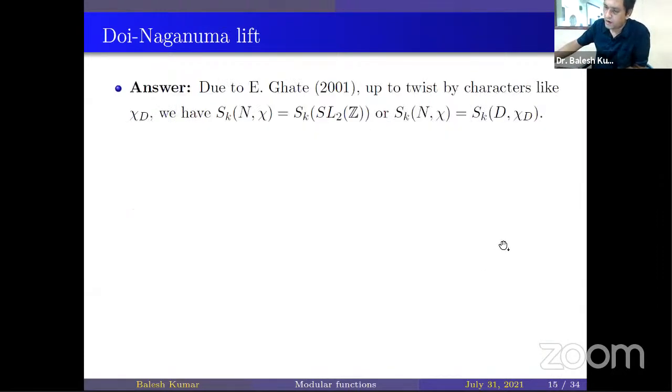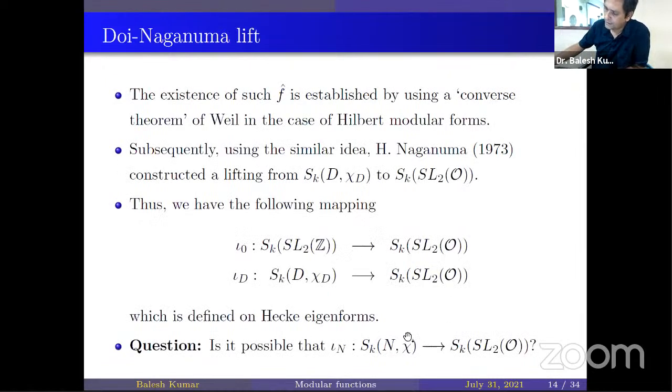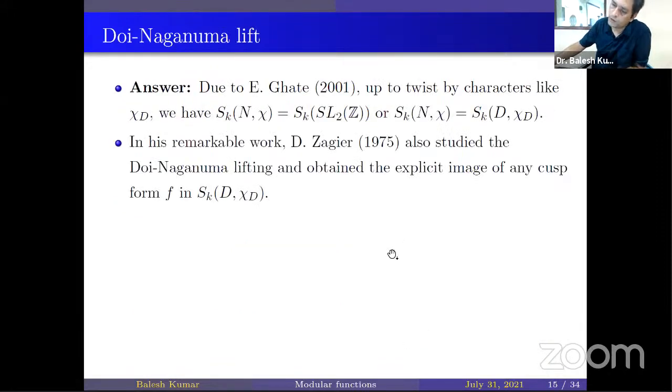This is a nice result of Ghate, which essentially says that up to twist by characters like this chi_D, we can only have S_k(N, chi) with level 1 or level D with character chi_D. So this result of Ghate says that if you take any level N, any character chi, and weight k, and it is lifted to a Hilbert modular form of level 1, then N should be either 1, or N will be equal to D and then chi will be equal to chi_D.